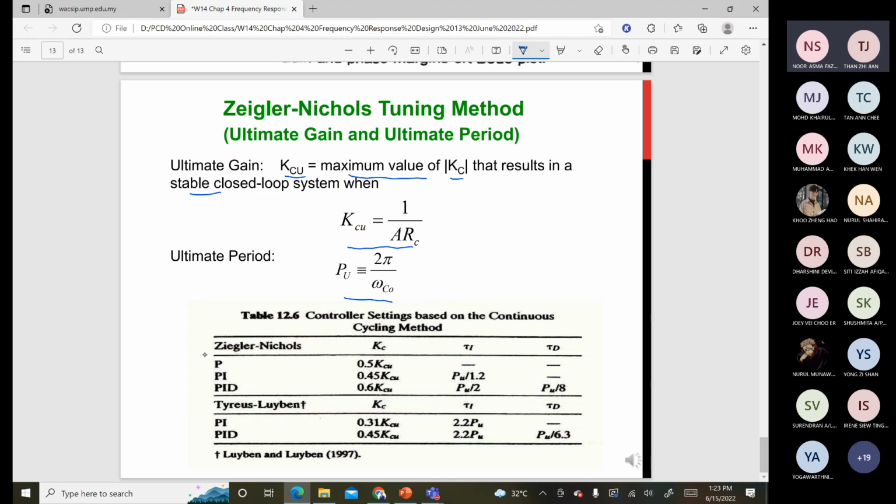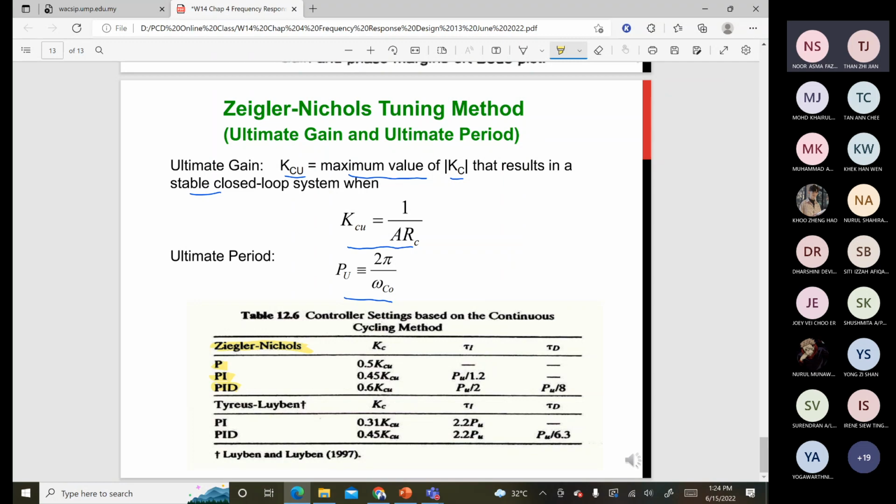There are two formulas that can be used. The first one is what we call Ziegler-Nichols, where you can calculate the P controller, PI controller, PID controller. And the second one is called Tyreus and Luyben, where this one is only applicable for PI and PID. So the question asks you to calculate the controller parameter using Ziegler-Nichols.